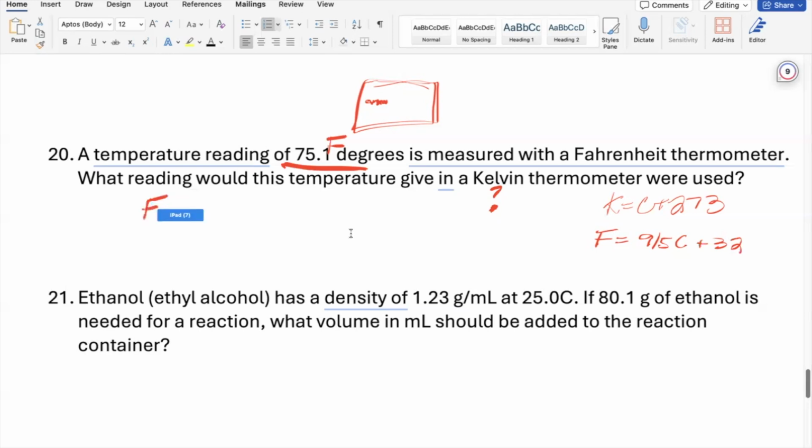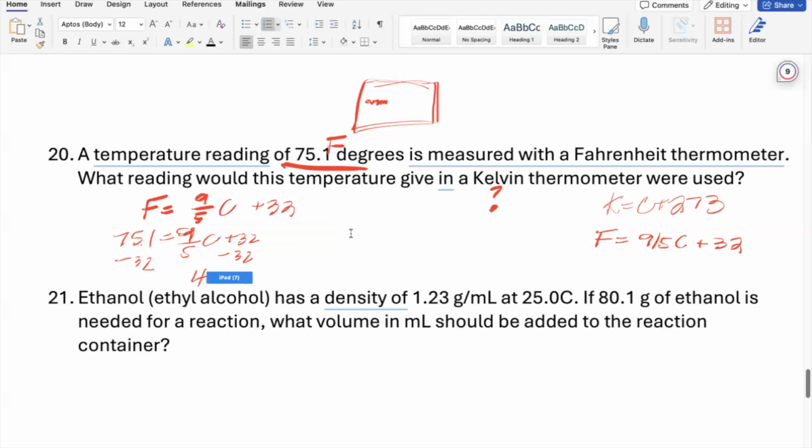So I'm going to go ahead and rewrite this formula here. All right, and then I can plug in my 75.1. We do have to do a lot of algebra. So I'm going to subtract 32 from each side. 75.1 minus 32.